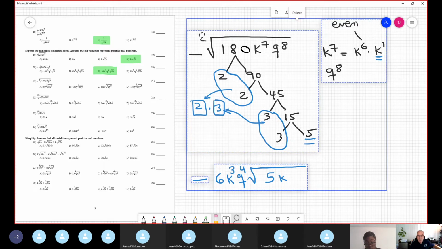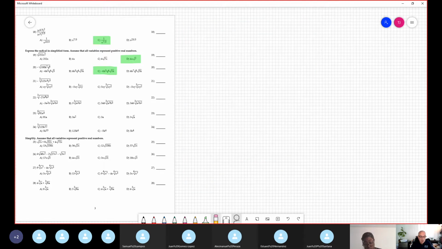Okay, delete. The second example says negative, again negative, I don't care about this negative. I put the negative in the final answer, of course. But there's a cubic root of 125 x to the 4th power and y to the 5th power.